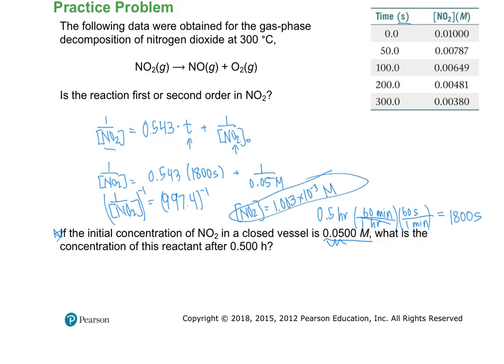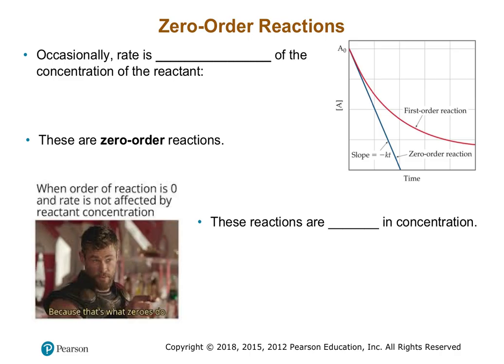Okay, so that is how graphically you could do it. Once you have that function, you can plug in any initial concentration in any time and find out the concentration at that point. The last thing we're going to talk about is zero order reactions. In this case, rate is actually independent of the reactant concentration.